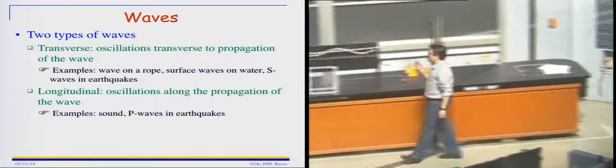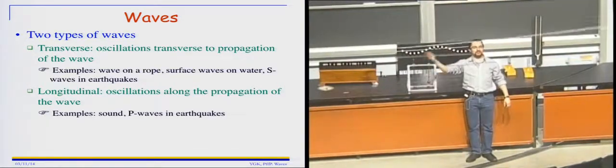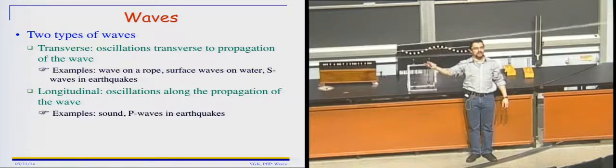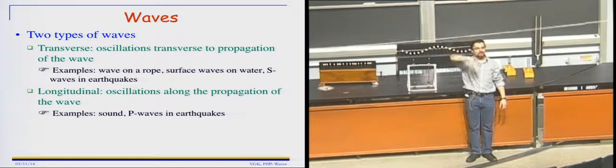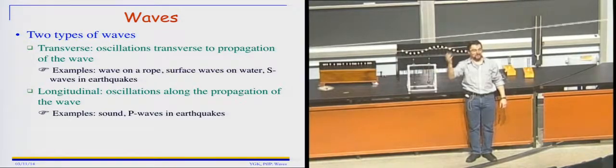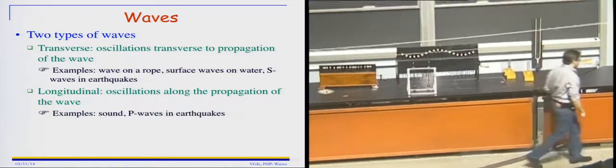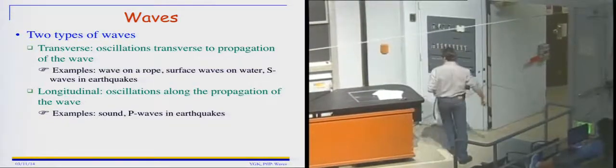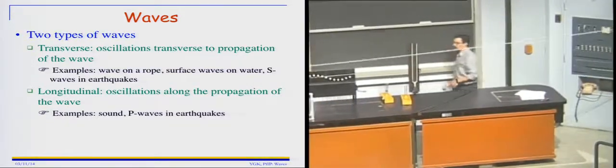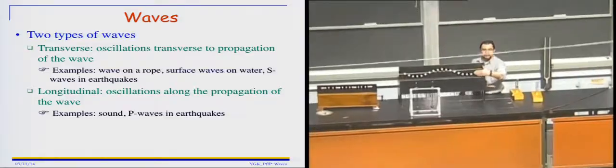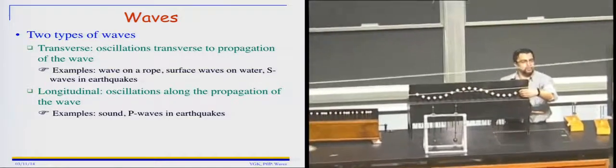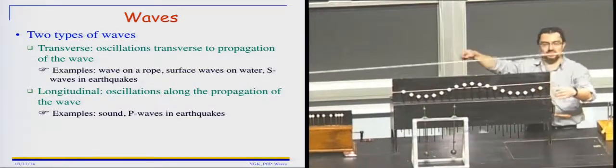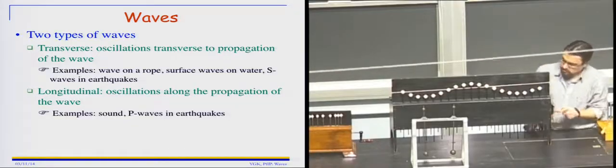So whenever that happens, we call this motion a transverse wave, whenever the vibrations happen in the direction that's transverse to the direction of the wave propagation. I have a model of the wave here, which makes it a little bit easier to see. You can look at each ball as a particular mass similar to the mass of this pendulum.